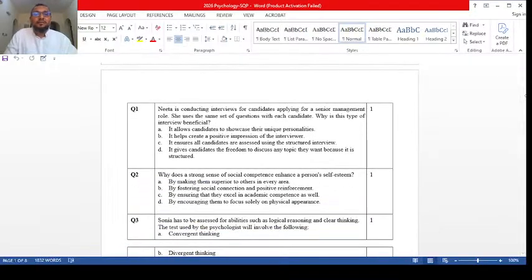See the first question. Neeta is conducting interviews for candidates applying for a senior management role. She uses the same set of questions with each candidate. Why is this type of interview beneficial?